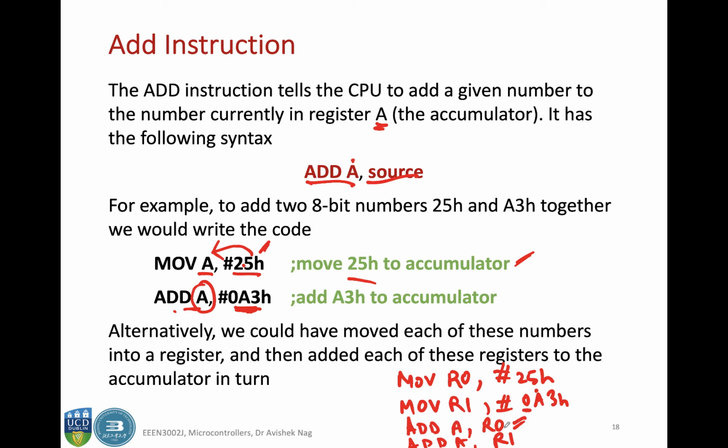So after this line it is adding the number 25H, which was in R0, to A. So A will now have 0 plus 25H, and then after this line A will have 25H plus 0A3H. So you can write this also like this, they are equivalent.